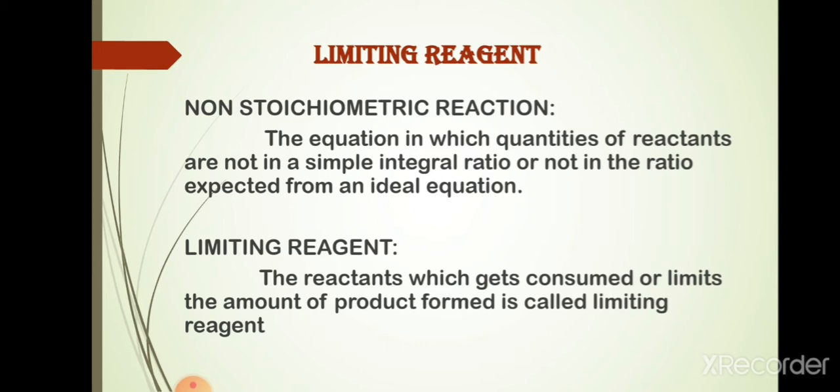In such situations, the reactant which is present in the lesser amount gets consumed after some time, and after that no further reaction takes place. It doesn't matter whether the other reactant remains unreacted. The reactant which gets consumed and limits the amount of product formed is called the limiting reagent.